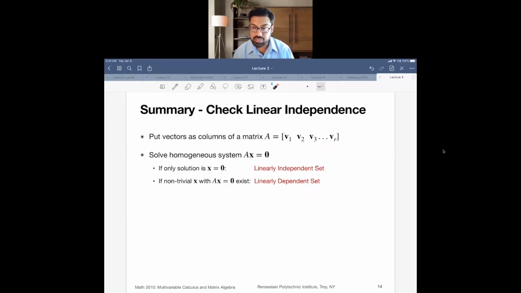So that's how we would check for linear independence: put the vectors as columns of the matrix A, form the augmented matrix with the homogeneous set of equations, then solve the system and check whether you get non-trivial solutions or not.